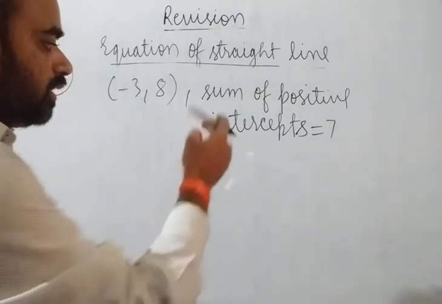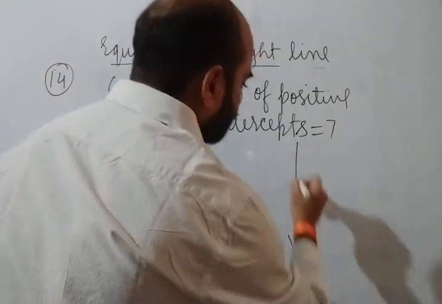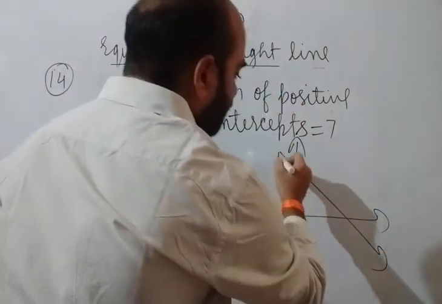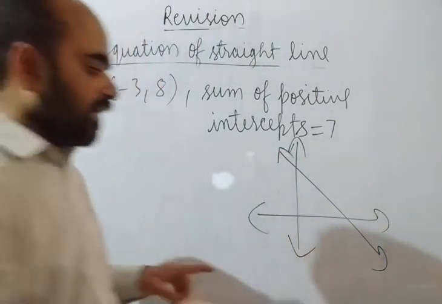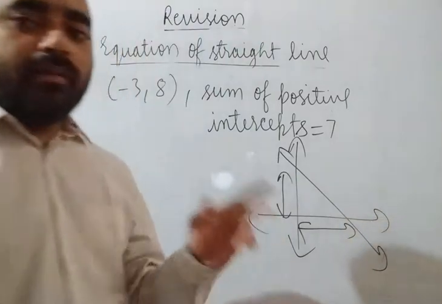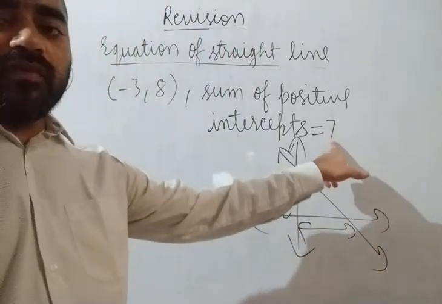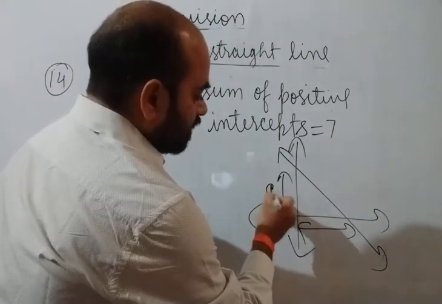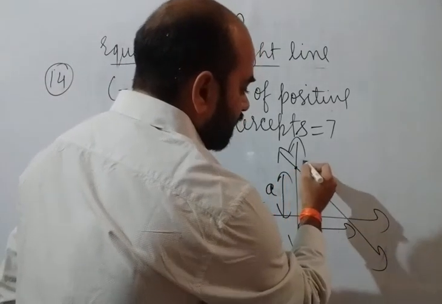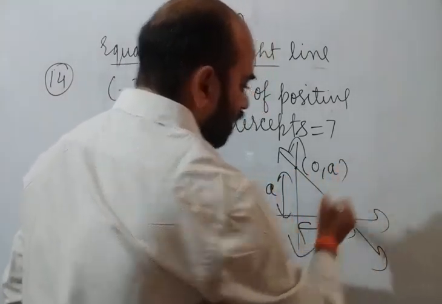Okay. So intercept means, suppose this is the line. It is already mentioned that the intercepts are positive. It means the x-intercept as well as the y-intercept both are positive, and the sum is 7. Suppose the y-intercept is a. So what is the corresponding point on the y-axis? (0, a), correct?